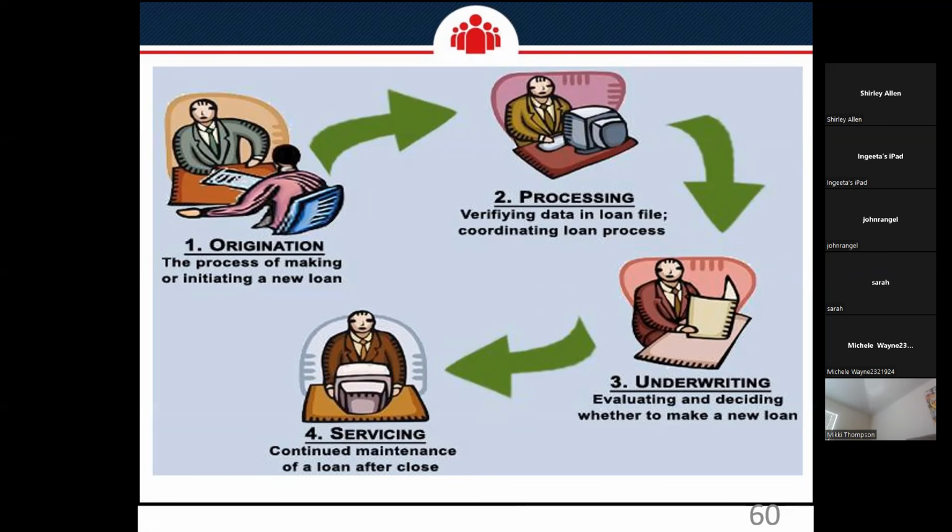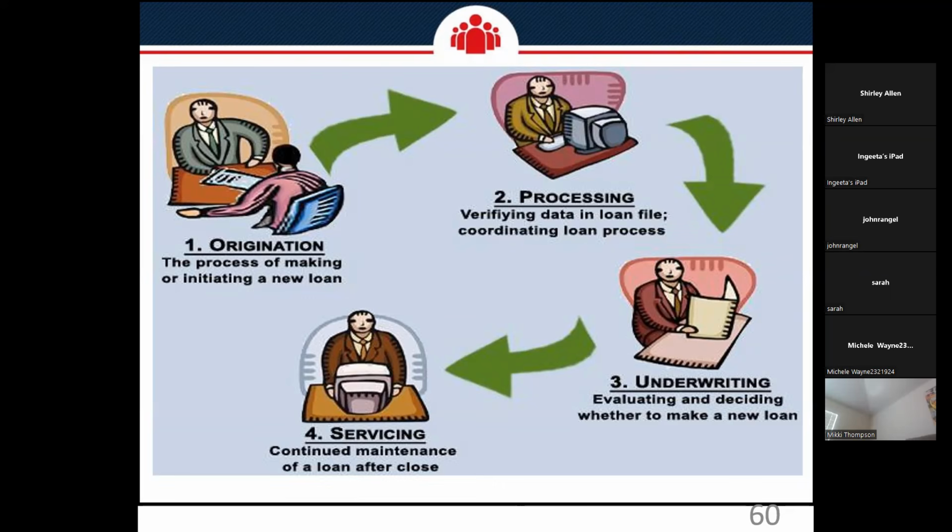Basically, that's what we do. We help them complete the 1003, the application, where they've lived for 2 years, where they've worked, and things of that nature. That's what our job entails, to help them complete the loan application as we begin to originate a loan. Once we have received that information, we send it to step number 2, processing.